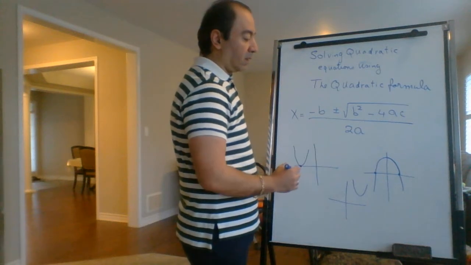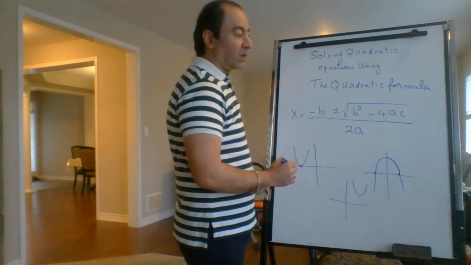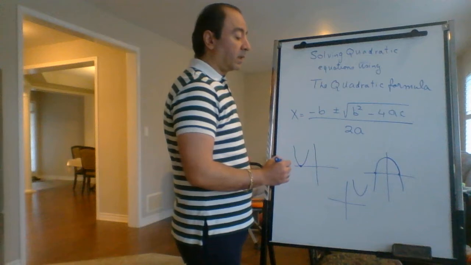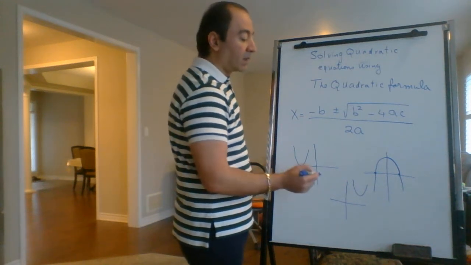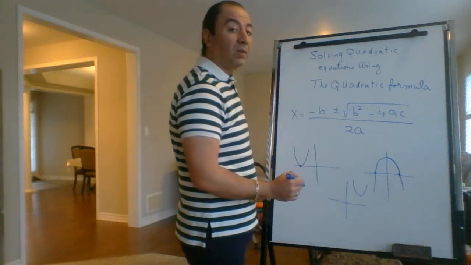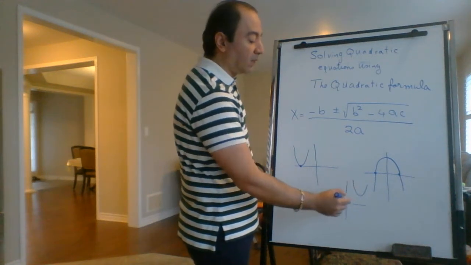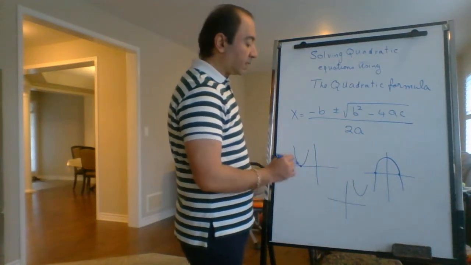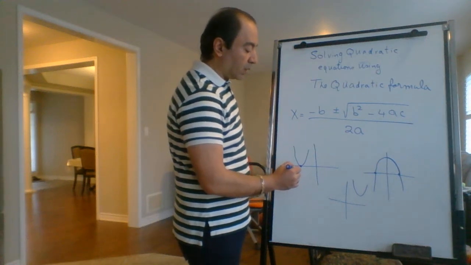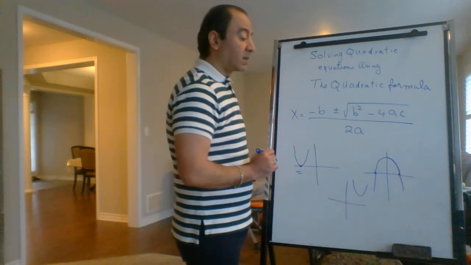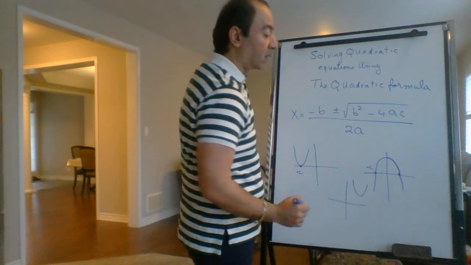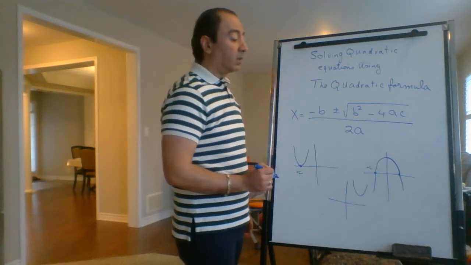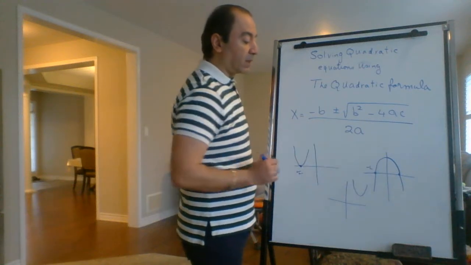As you see, not every parabola cuts the x-axis, so not every quadratic has a solution. Sometimes we have quadratics that we cannot solve because they don't have an x-intercept. Sometimes we have one solution when it cuts in one point. Some other times we have two solutions when it cuts in two points like this.